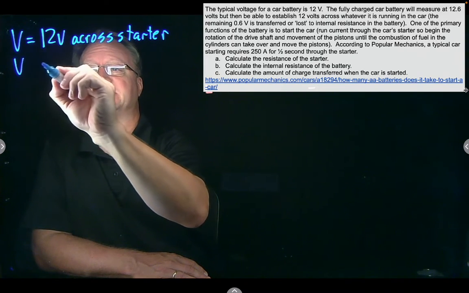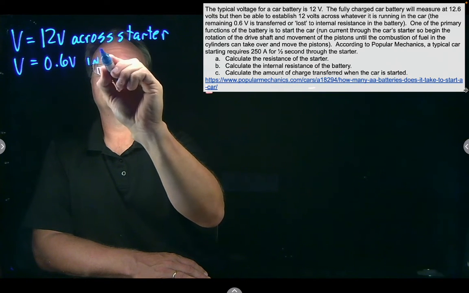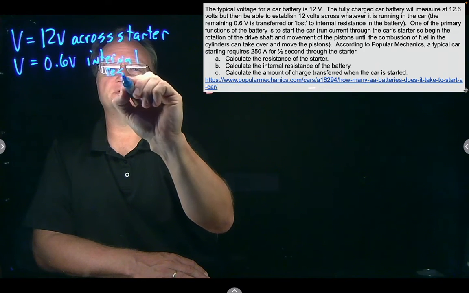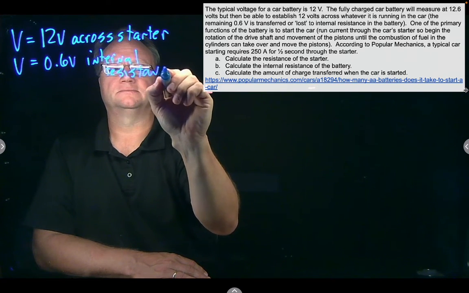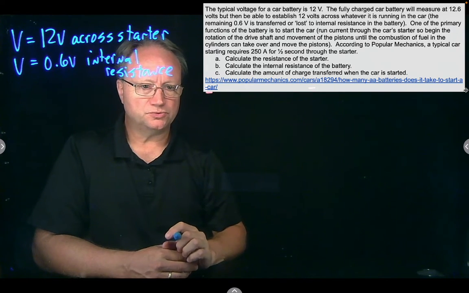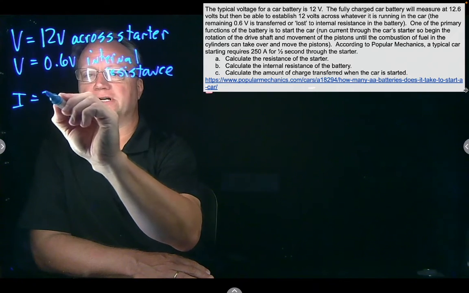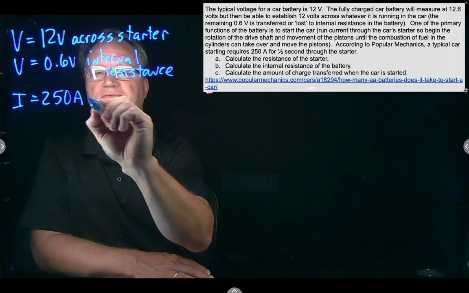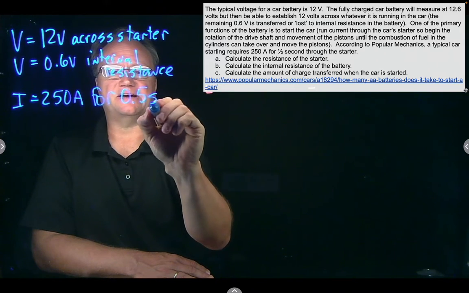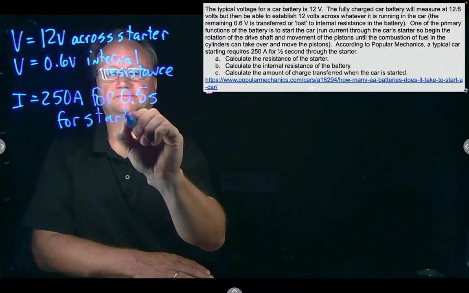The remaining 0.6 volts is related to the internal resistance of the battery. We also know 250 amps. So a current I of 250 amps for a time period of a half a second is what's needed for the starter.